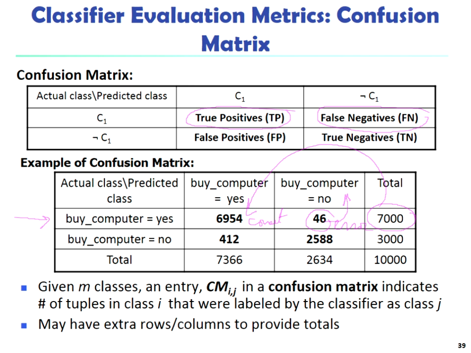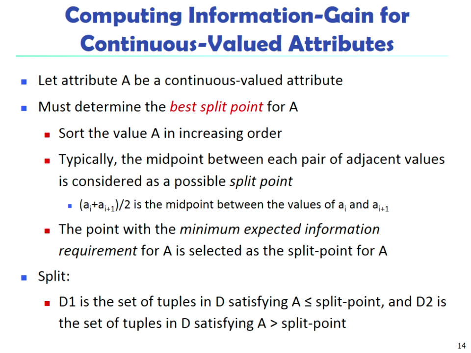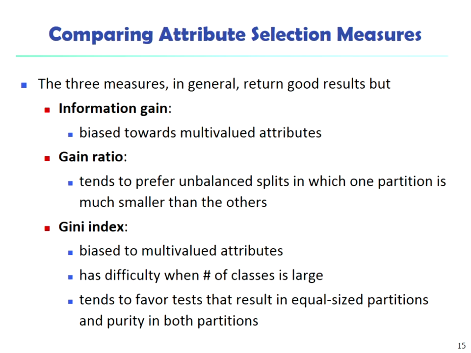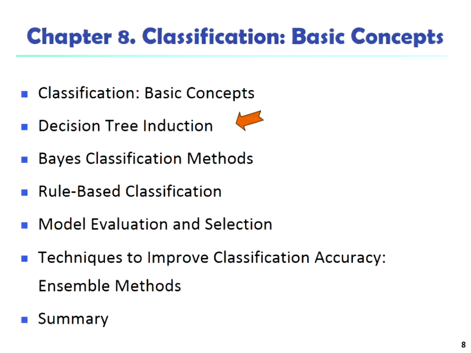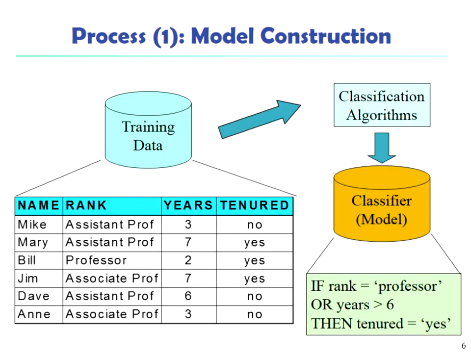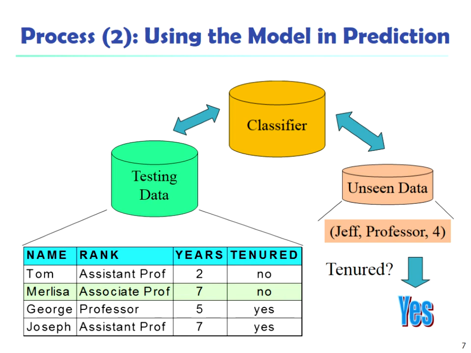So, for example, in our example here, this is the test phase, and here we have our confusion matrix.